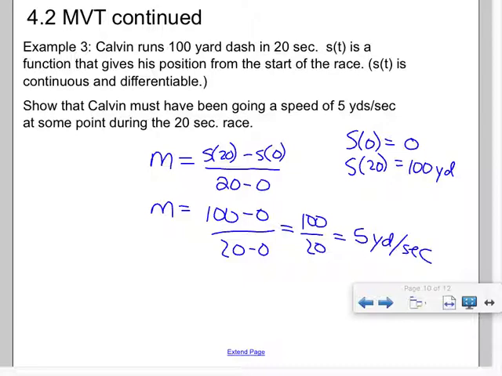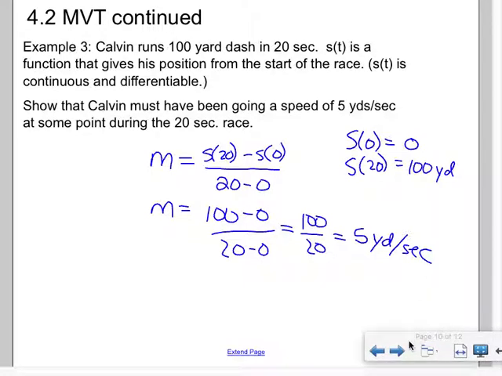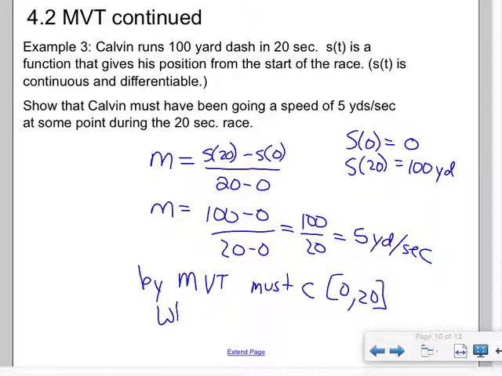So we can say that since the slope from the beginning of the race to the end of the race is 5, by the mean value theorem, there must be some point C from 0 to 20 where he was going 5 yards per second. So it just so happens the speed we're looking for is the slope between them.